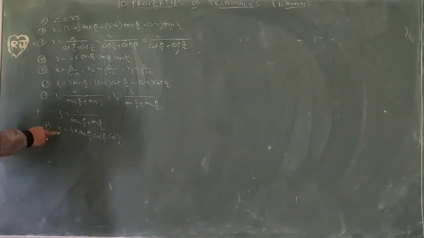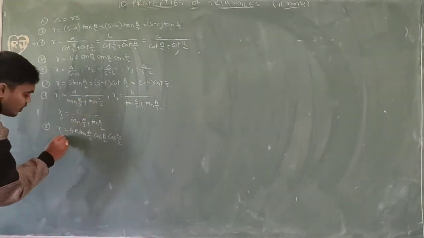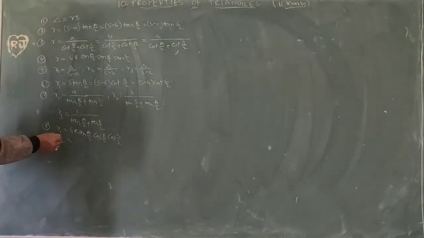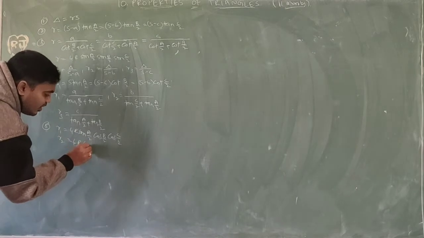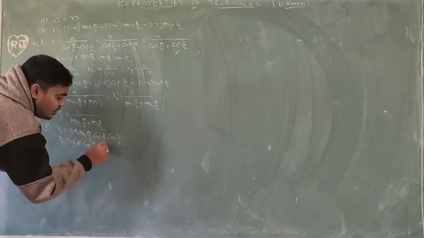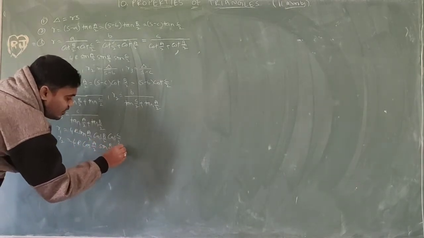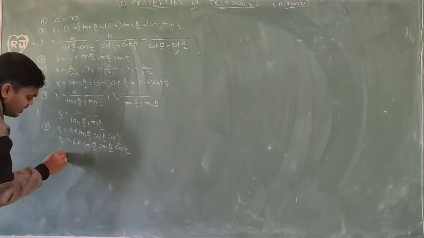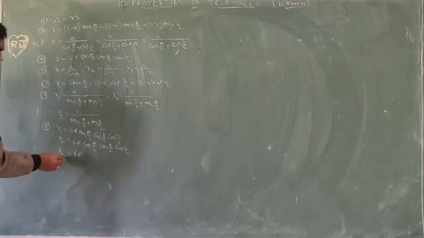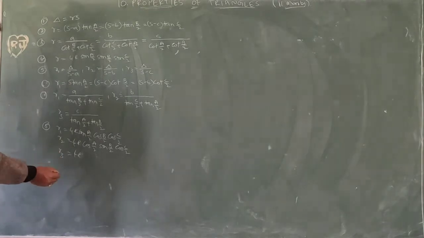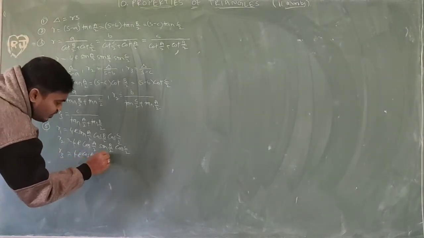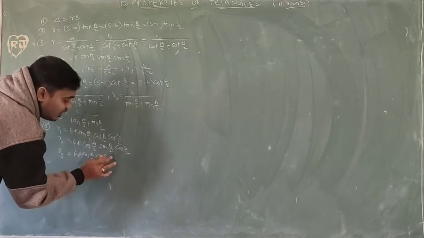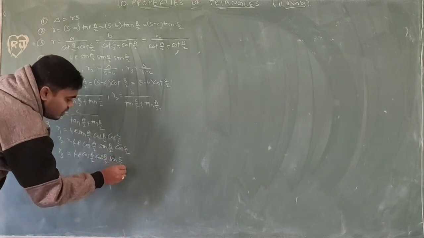Here r1, 1 means a sin, remaining cos. r2, 2 means b sin, other than cos: 4r cos a by 2 sin b by 2 cos c by 2. Next, r3 is 4r cos a by 2 cos b by 2 sin c by 2.